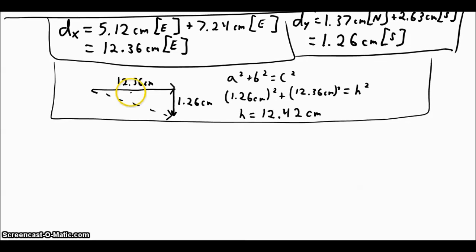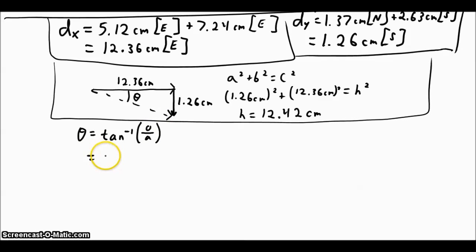Our step 5 involves finding this angle right here. And why this angle? Because we went east and then we went south. So we're going to find that angle. For that, we're just going to use the inverse tan function, the inverse tangent, and that is O over A, opposite over adjacent.